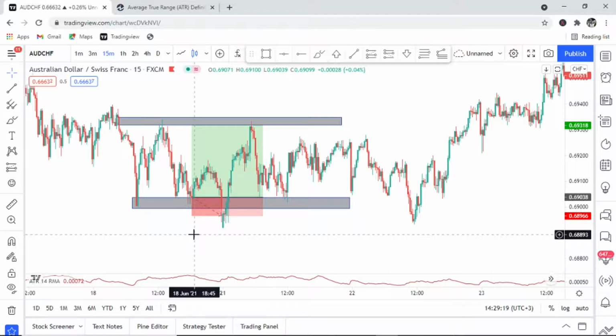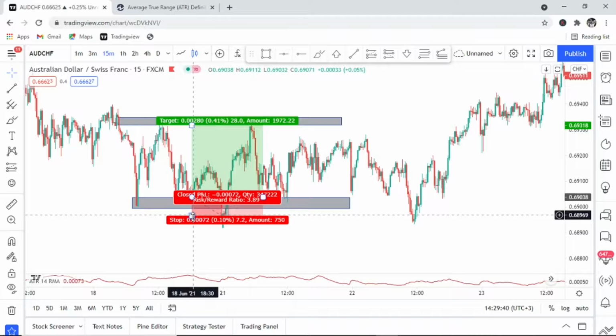So 7 pips is quite high. Just as I told you previously, you take the number of pips that the ATR shows, multiply it by 2, and use that pip value to place your stop loss. So right now it's at 7, so 7 by 2 is going to be 14, and by that you just place your stop loss at 14 pips.